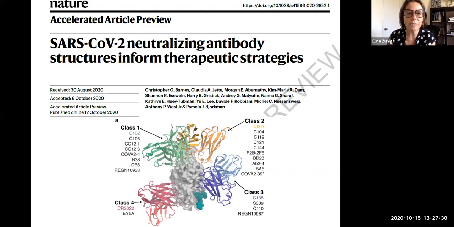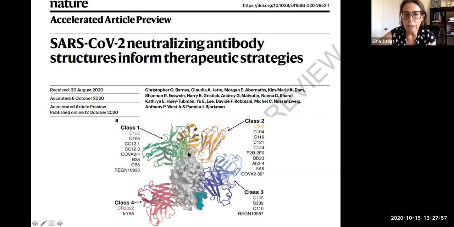So it's called SARS coronavirus 2 neutralizing antibodies structures inform therapeutic strategies. There has been a lot of interest in these neutralizing antibodies that are able to bind to the receptor binding domain of the spike protein, which binds the ACE2 receptor for SARS coronavirus 2.